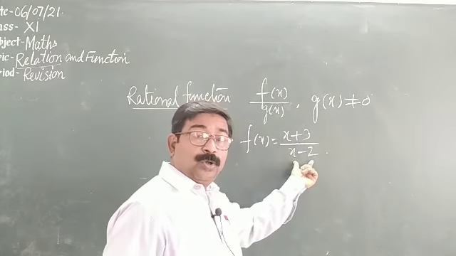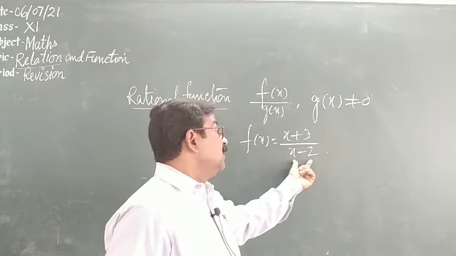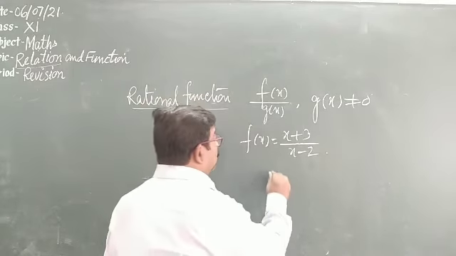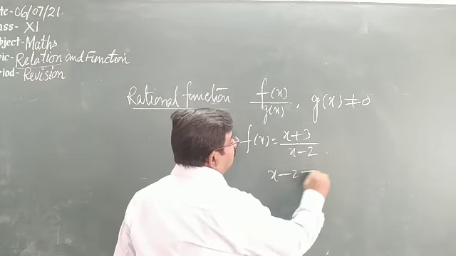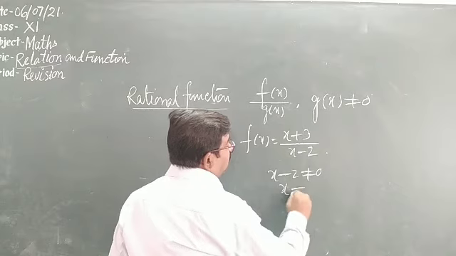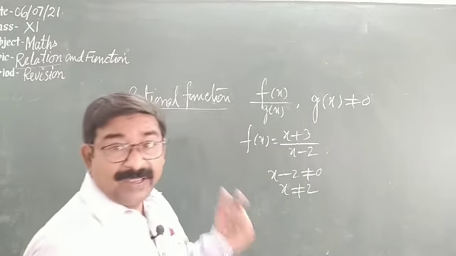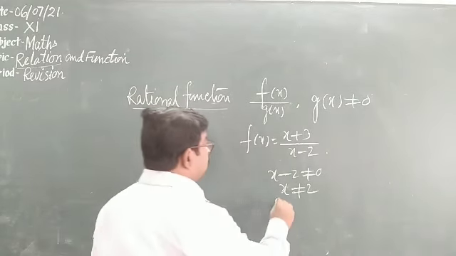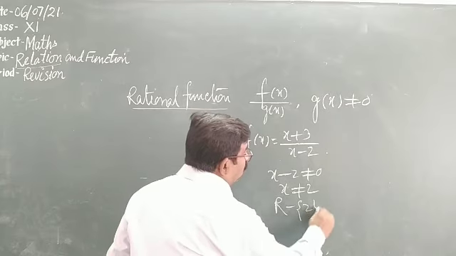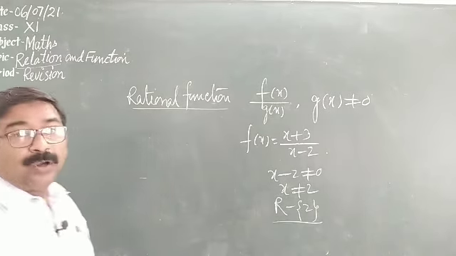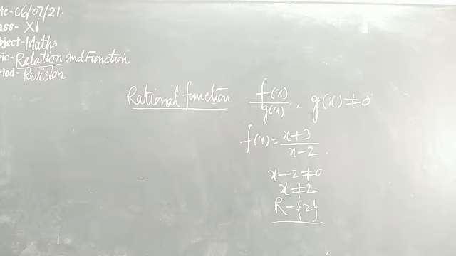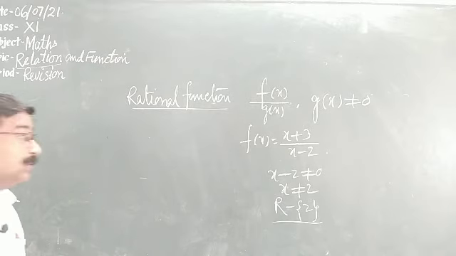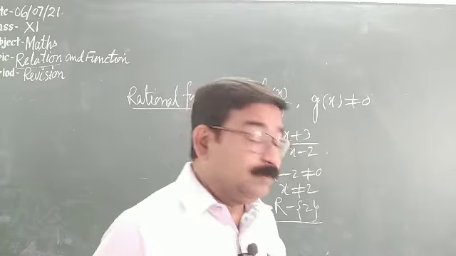The denominator is x − 2, so x − 2 ≠ 0, or x ≠ 2. So we have all real numbers but not 2. This means we have to check the roots of the denominator polynomial, and those will not be in the domain. So this is the rational function.